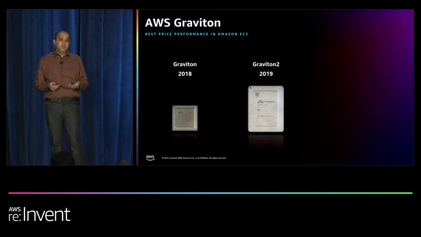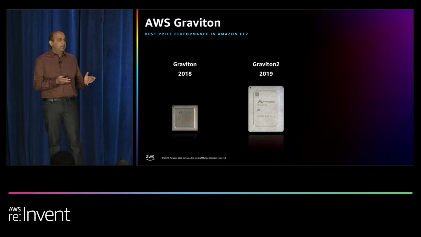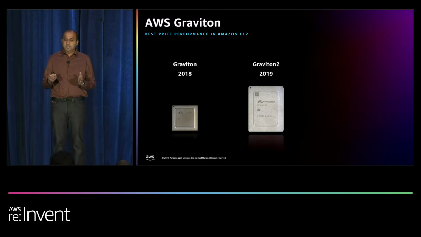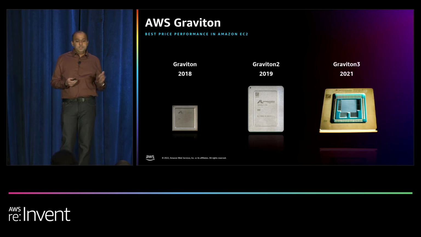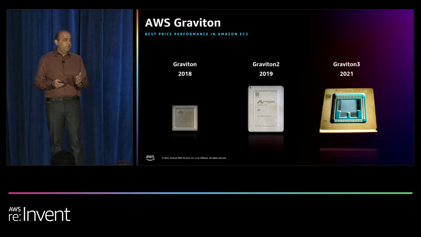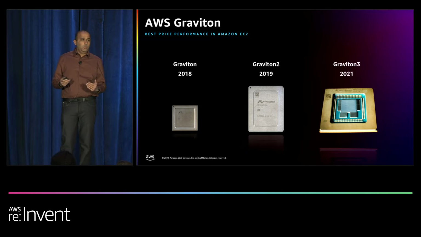For example, Graviton2, when it was first announced in 2019, delivered 2x the performance per core versus the first iteration of Graviton. And it also delivered 4x the number of cores versus the first Graviton chip.